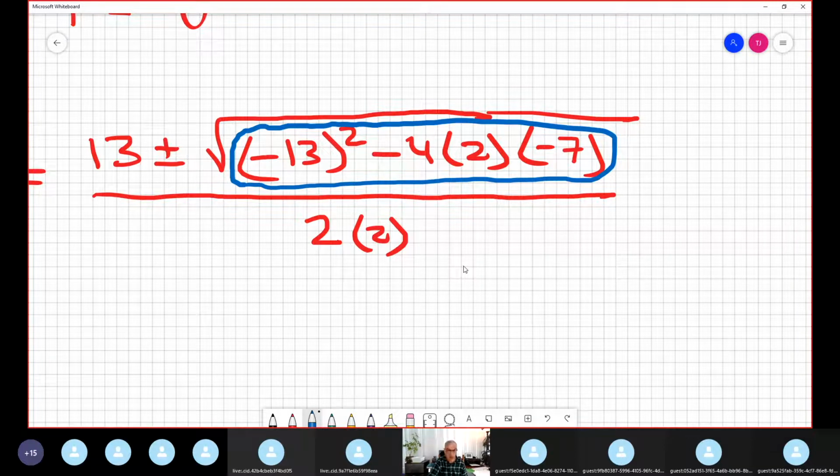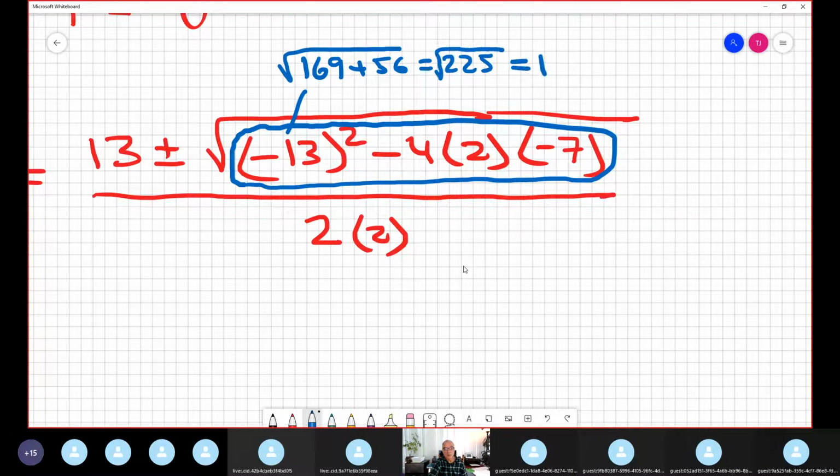Now you put it in a calculator: negative 13 squared is 169 positive. And be careful, double negative, so plus 56, because it's 8 times 7. And this is 225. And now the square root of everything. Guys, it's obvious. Anytime we can use a calculator, okay?